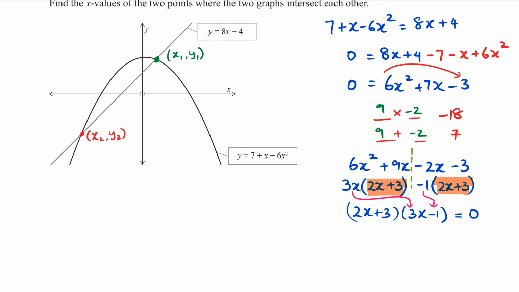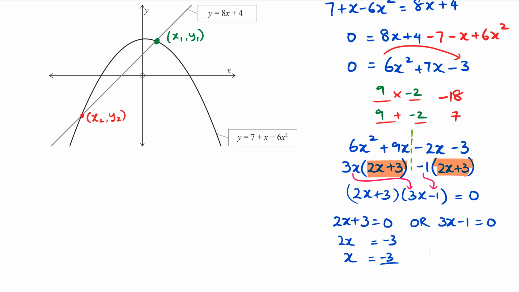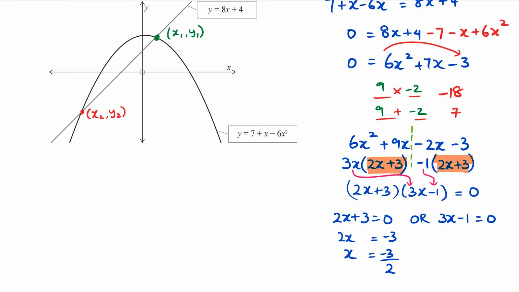So what we then have is 2x plus 3 equals 0, or 3x minus 1 equals 0. Rearranging this, we get 2x is equal to 3, which switching over to the other side becomes negative 3, and then x is equal to negative 3 over 2. And as for the second answer, we've got 3x minus 1, which when it switches over to the other side becomes positive, and then x is equal to 1 over 3.